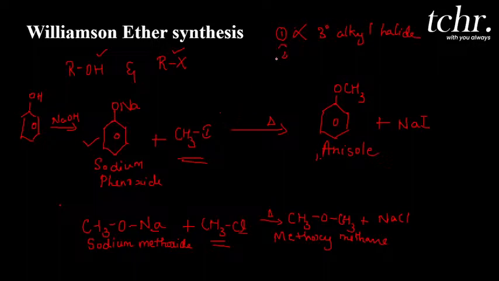And the second thing, you should not take haloarenes to prepare ethers. Got it? It should be an alkyl halide, but not a tertiary alkyl halide or a haloarene. Why? What happens if we take a tertiary alkyl halide, or a haloarene?